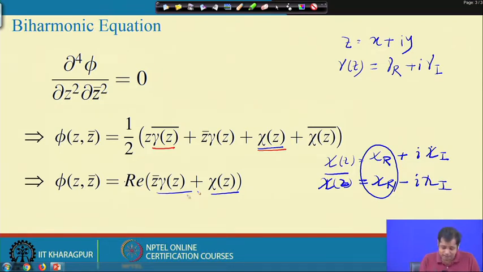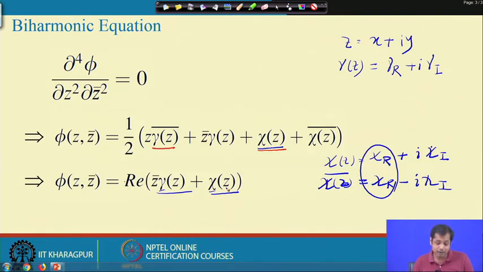We will discuss these two potentials, gamma and chi; they play a very important role here. Essentially, unlike the previous cases where phi was written in terms of x and y or r and theta, as just one function phi, now phi is written in terms of two functions, gamma and chi.